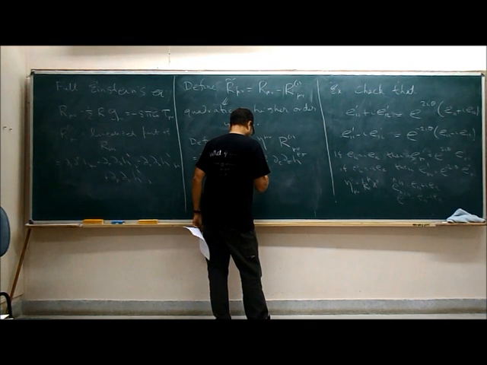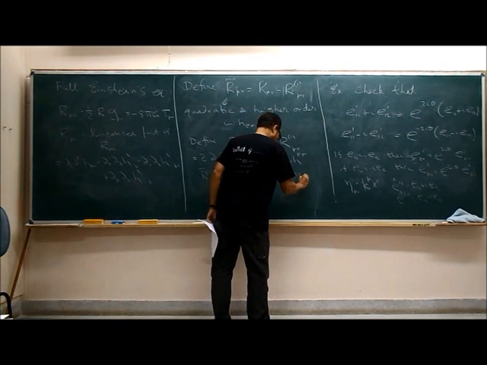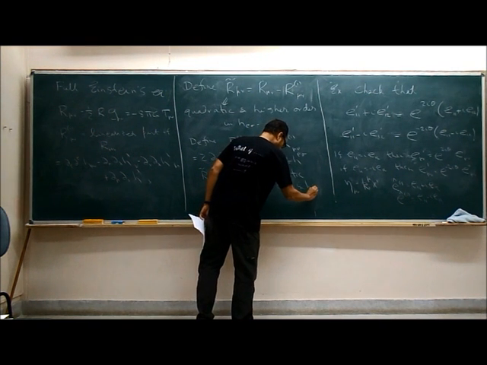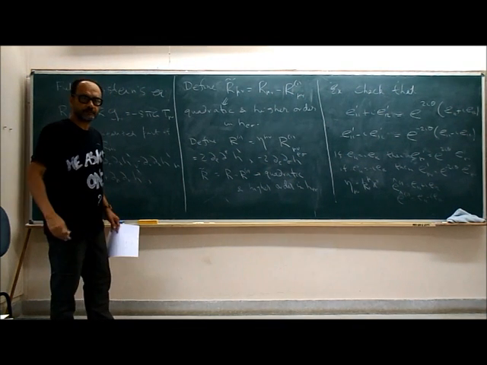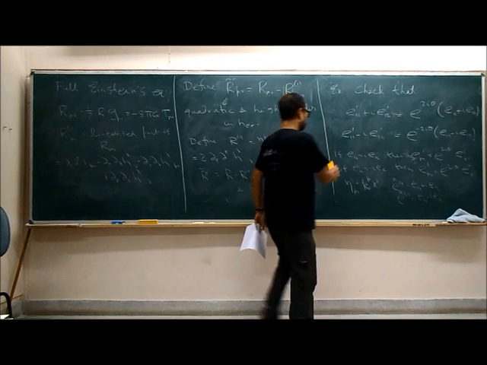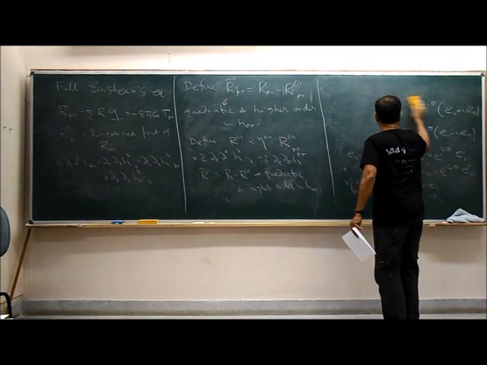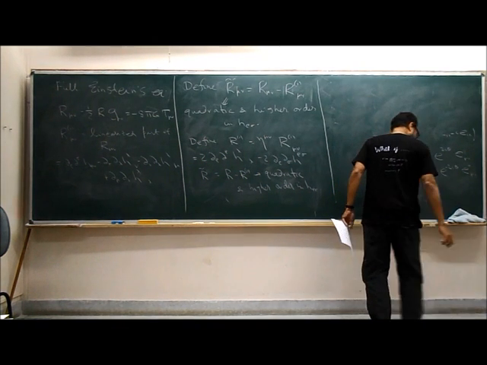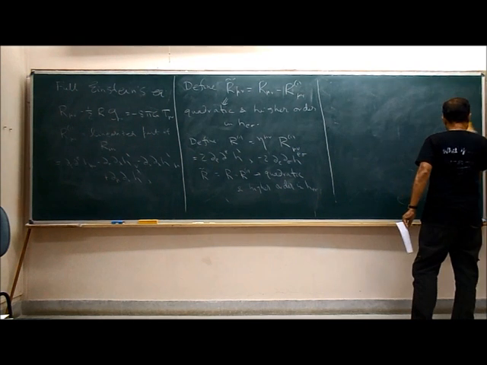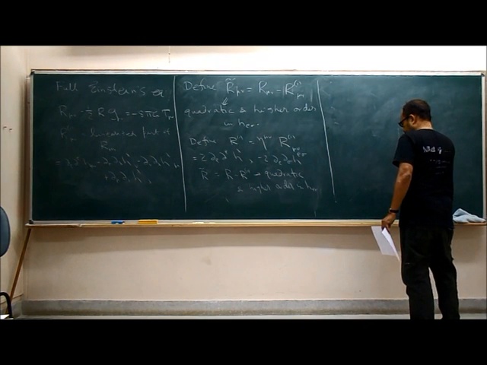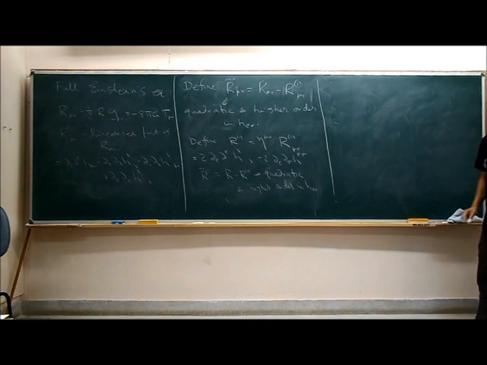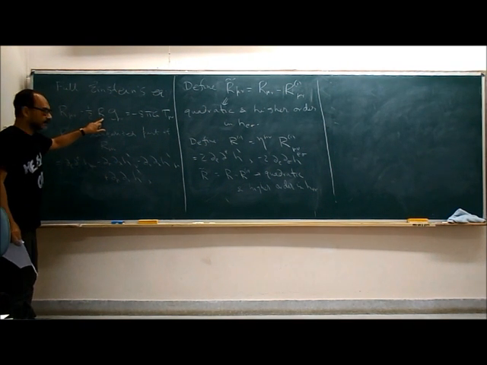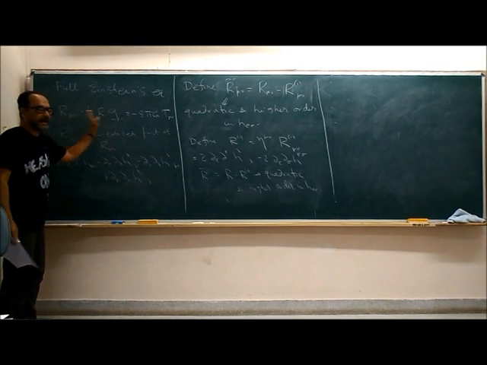Again, this is quadratic and higher order in H. So what you are going to do is to substitute this in the Einstein equation and keep the terms involving R1 mu nu and R1 and eta mu nu on the left hand side and put everything else on the right hand side.